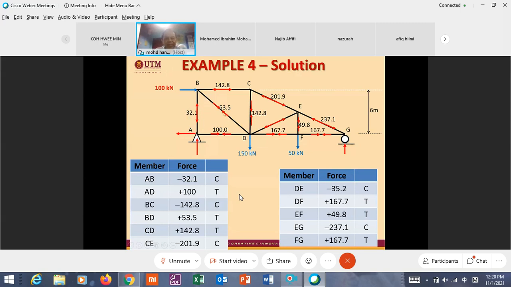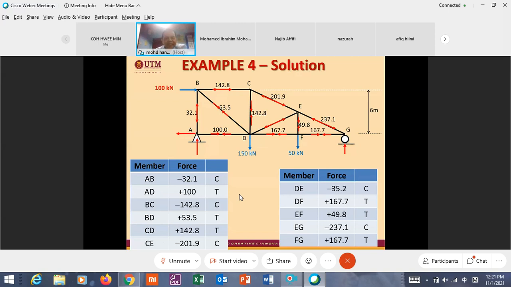And what about this one? I just give two examples only. 53.5. BD is positive 53.5. Positive means tension. So what is the arrow? The arrow comes inward. You pull inward.